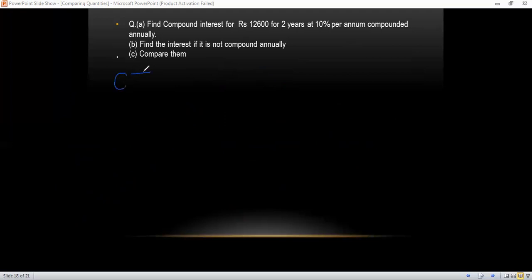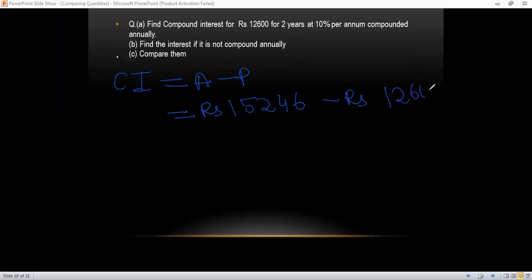So CI, that is compound interest, is A minus P. So rupees 15246 minus rupees 12600. After subtraction, what will we get? 6462. So this is the compound interest we will get.